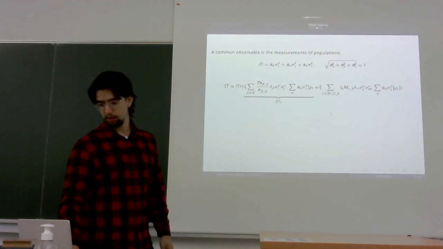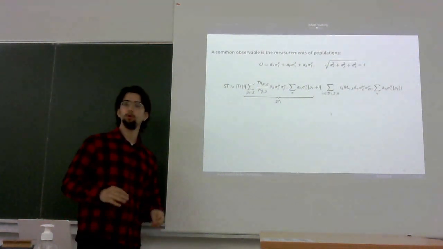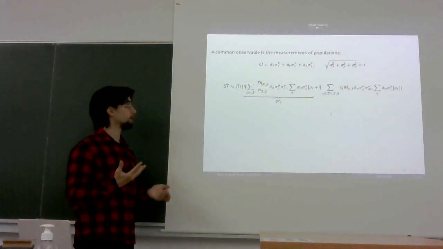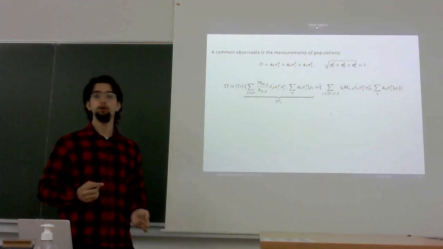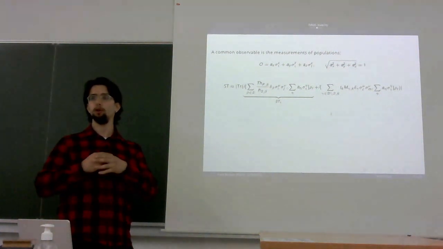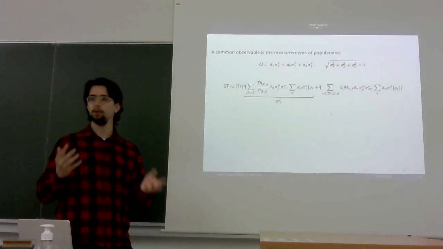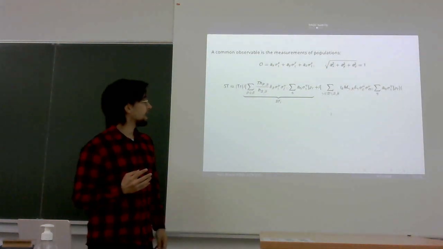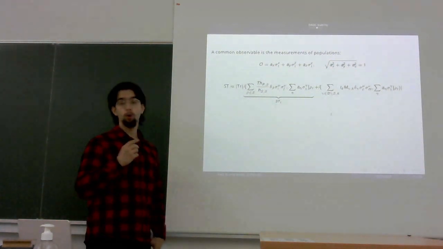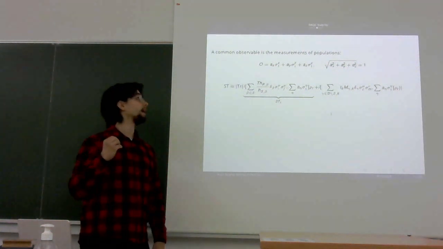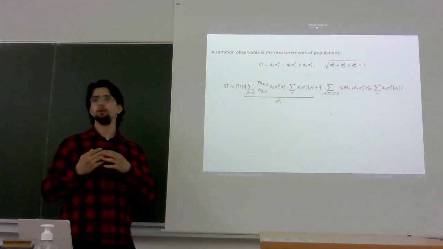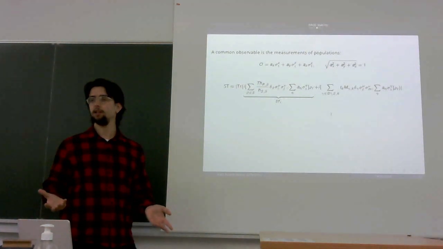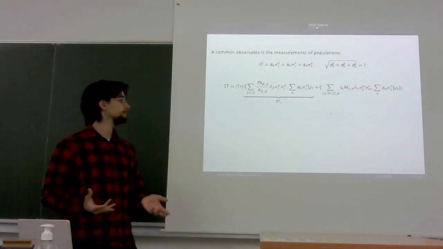To do the analysis of this, we are going to be taking a really common observable, which is the measurement of populations. We are going to do it first to 1 qubit, then we are going to extend to measuring m qubits. We are also going to be measuring the first qubit because we don't lose any generality and it's easier to just solve it this way.